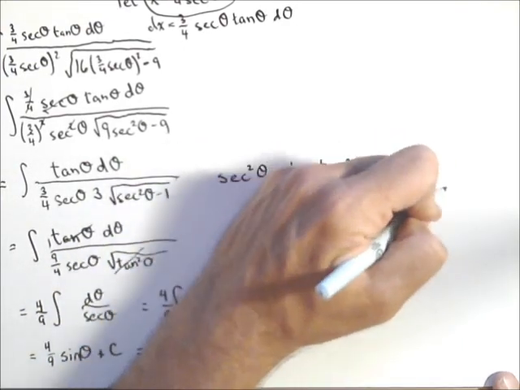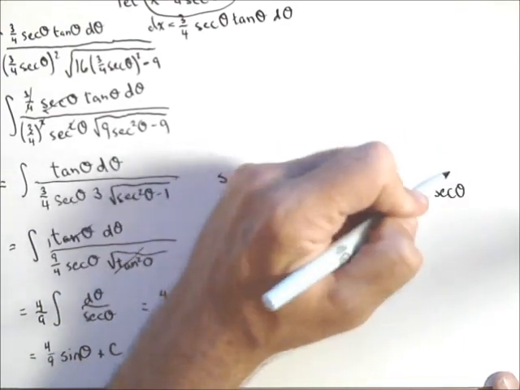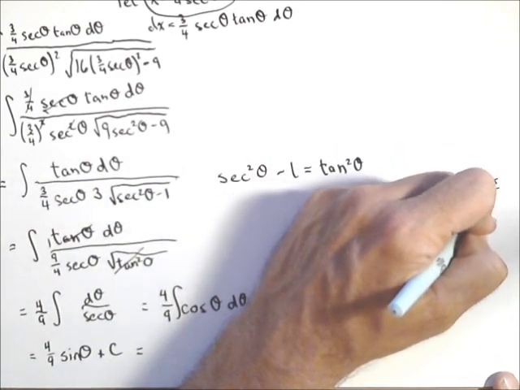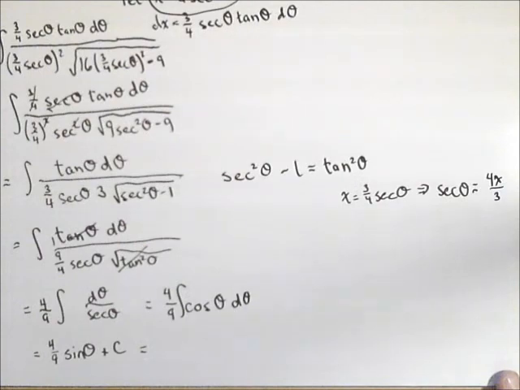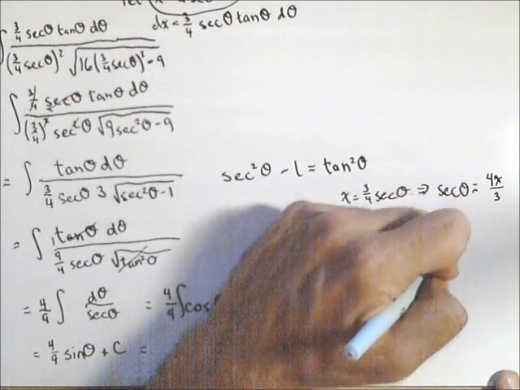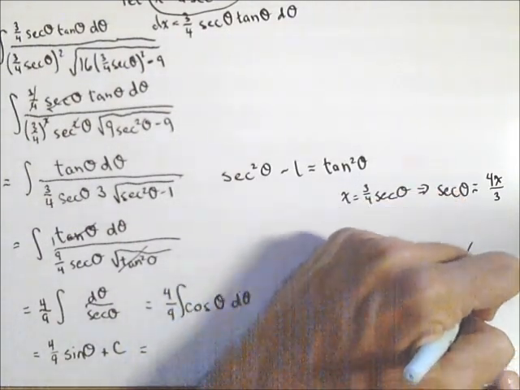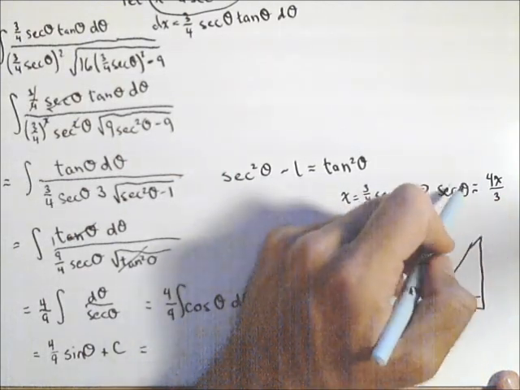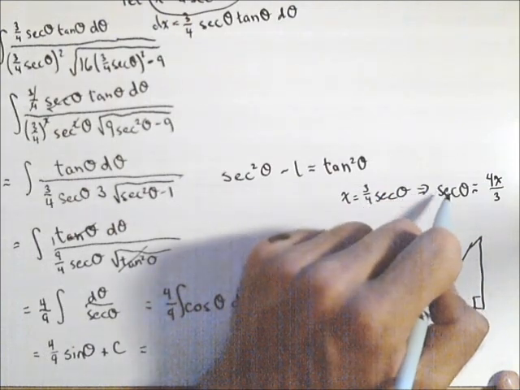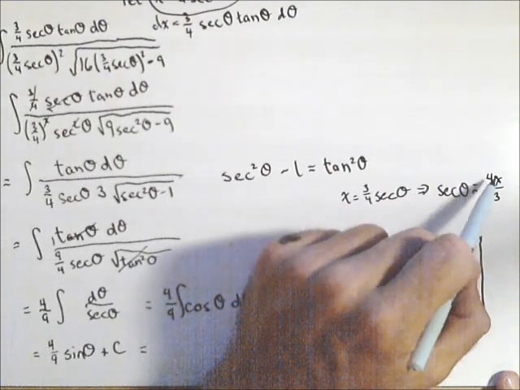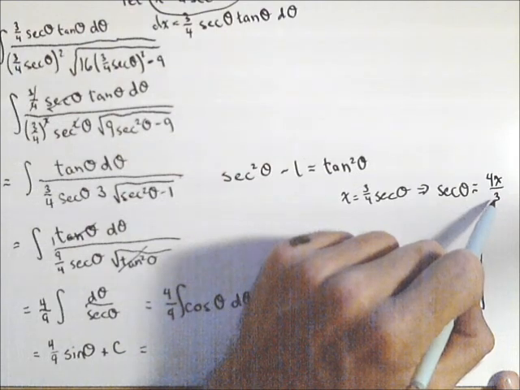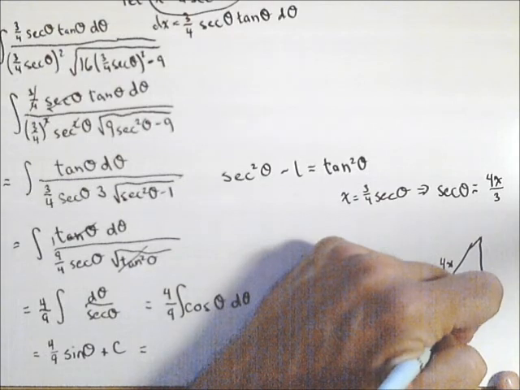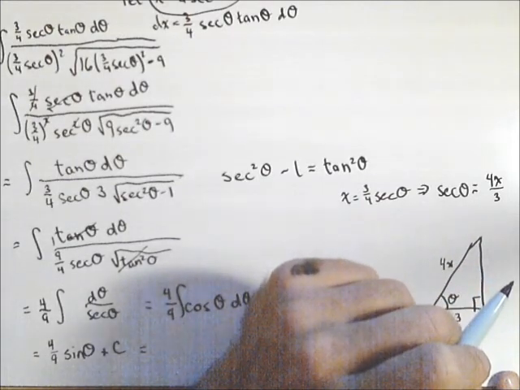Well, that tells us that secant theta equals 4x over 3. Now, I like to use a right triangle, but we could use a Pythagorean identity. There's a lot of different ways you could do this. Call one of my angles theta. Now, secant, remember, is 1 over cosine. So this is hypotenuse over the adjacent side. So 4x goes here, 3 goes here.